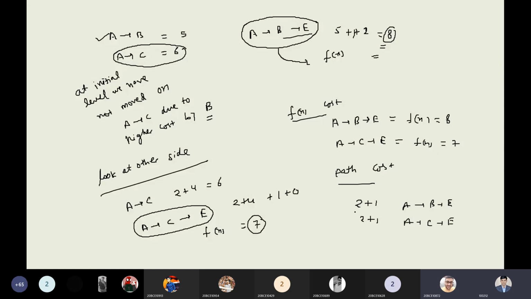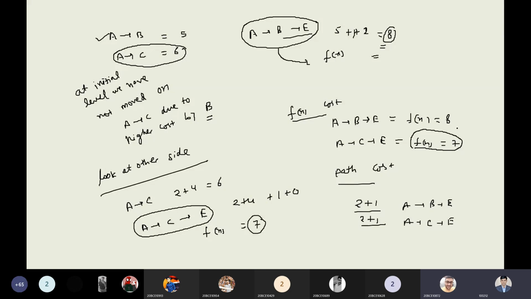This is only a random example I have taken here. But what you're observing, if you're talking about A to C and E, its function cost is smaller than our chosen path, that is A B E. That was the best path we had thought. So here we have to use the AO star algorithm to see the other perspective.